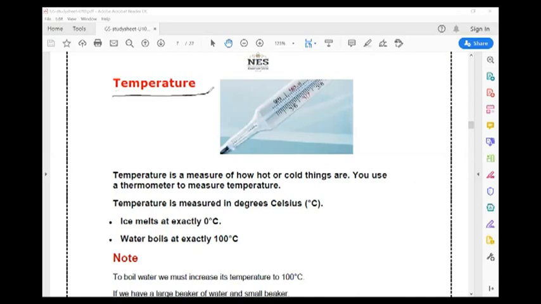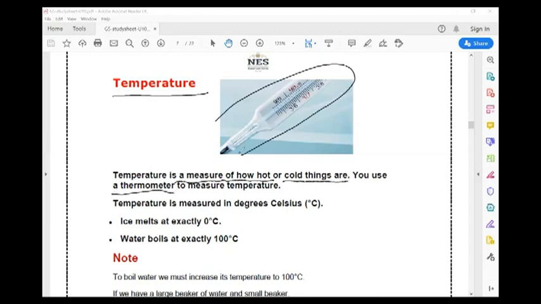Temperature. Temperature is a measure of how hot or how cold things are. To know if this object is hot or cold, you have to measure its temperature. Temperature is measured by a device called a thermometer.